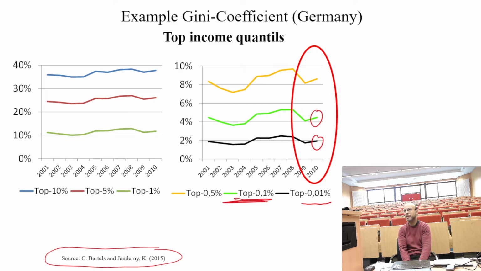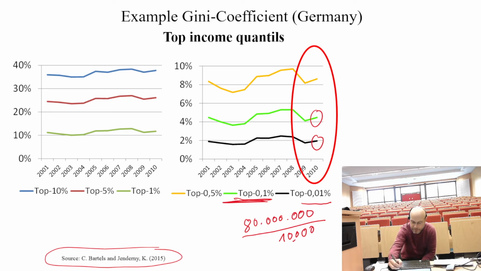So what does it mean? We have 80 million people in Germany divided by 100%, 0.1, another 0, 0.1, another 0. So what does this mean for Germany?